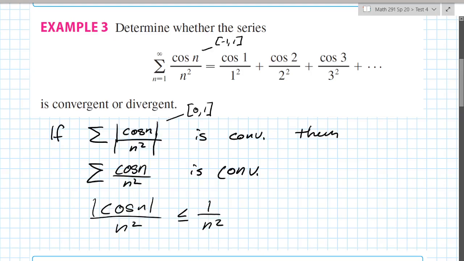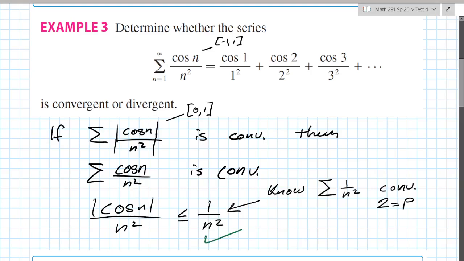So what do we know about this? We know that the sum of 1 over n squared converges because this is a p series with p equals 2. Since this series converges, this converges, check.